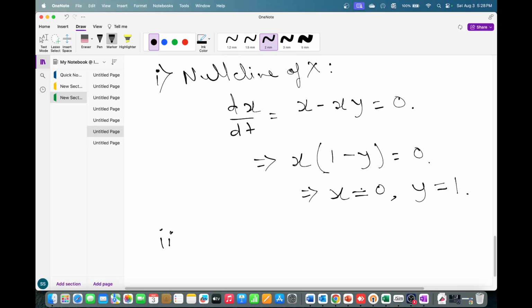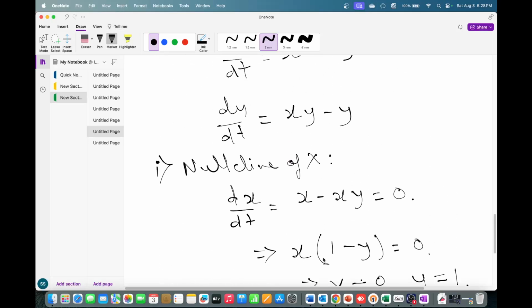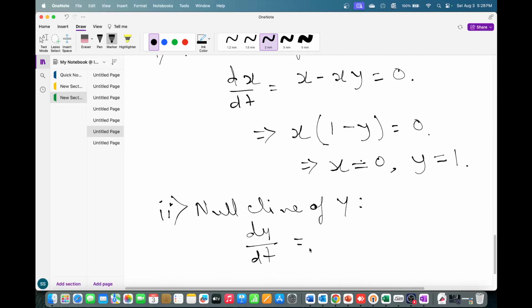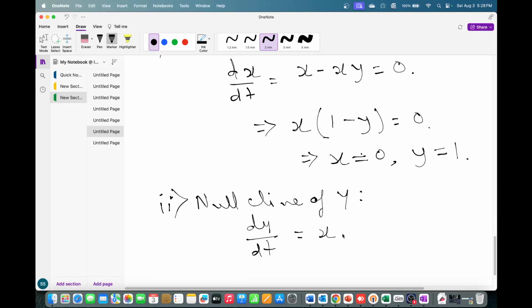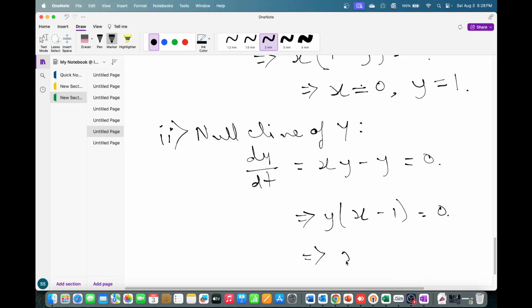Now let's take a look at the nullcline of y. dy/dt is given as xy minus y. We equate it to 0, take y common, y times (x minus 1) equal to 0, so x equal to 1 or y equal to 0.